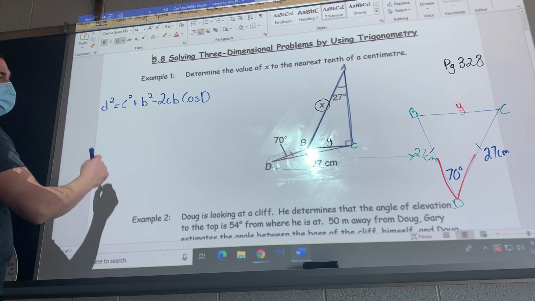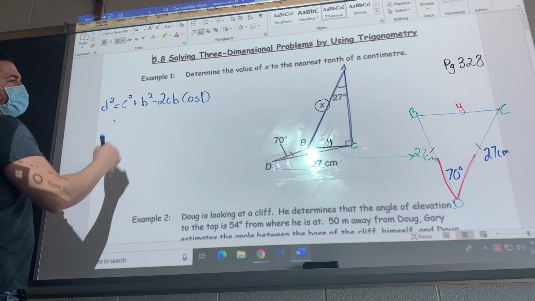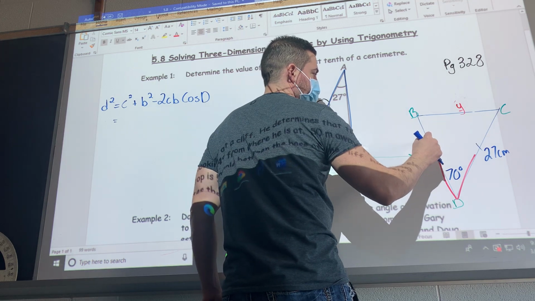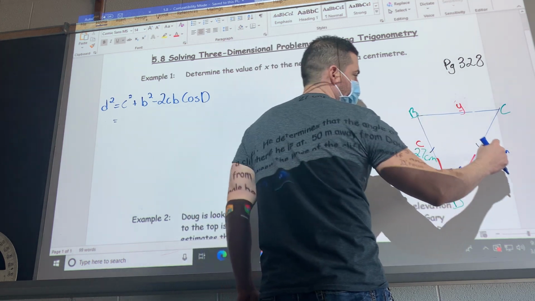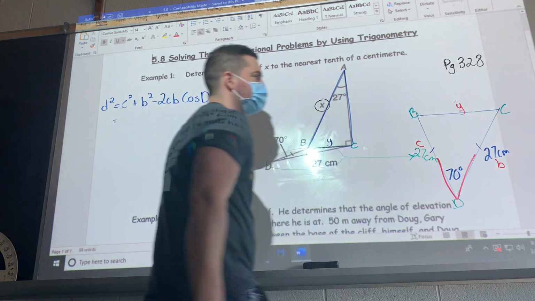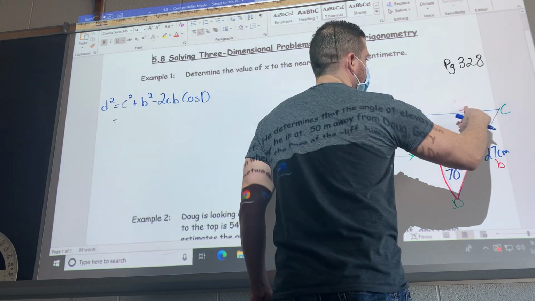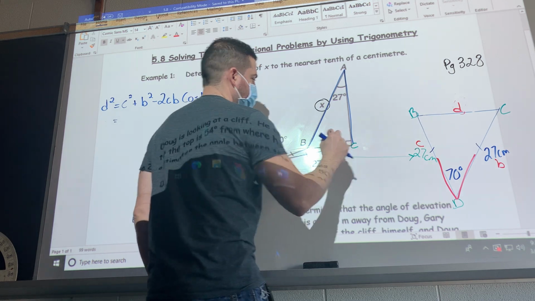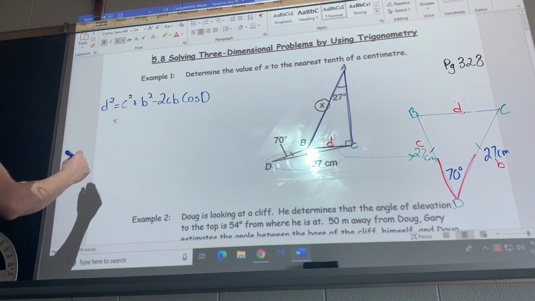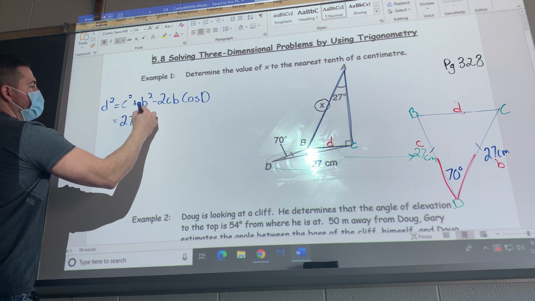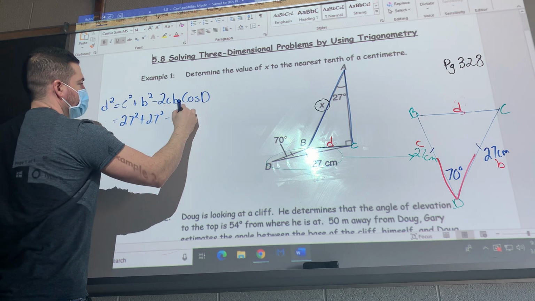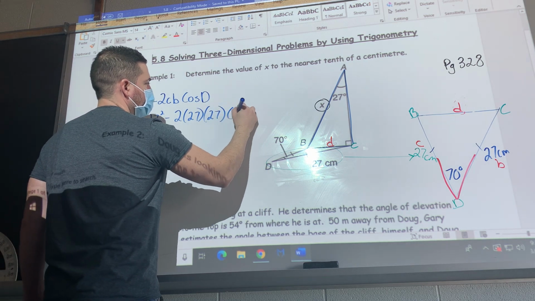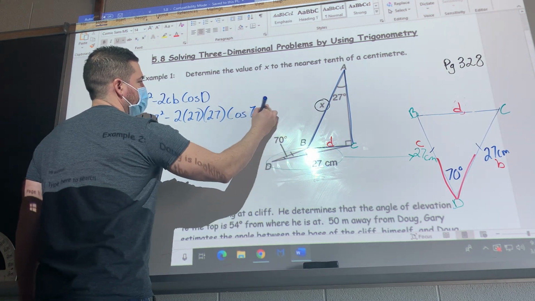Now we're going to substitute the values. Side C is across from angle C, so this is side C. And side B is across from angle B. I'm going to call this D and change this to a D. So 27 squared plus 27 squared minus 2 times 27 times 27 cos, and angle D is 70.